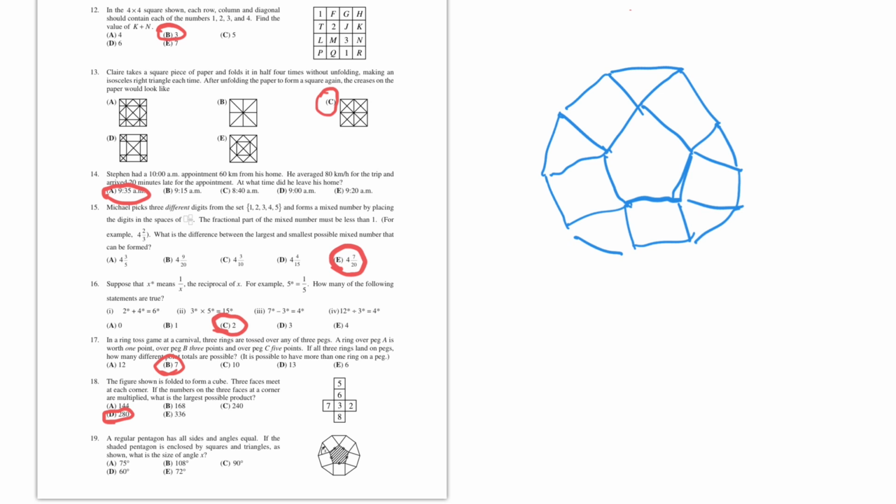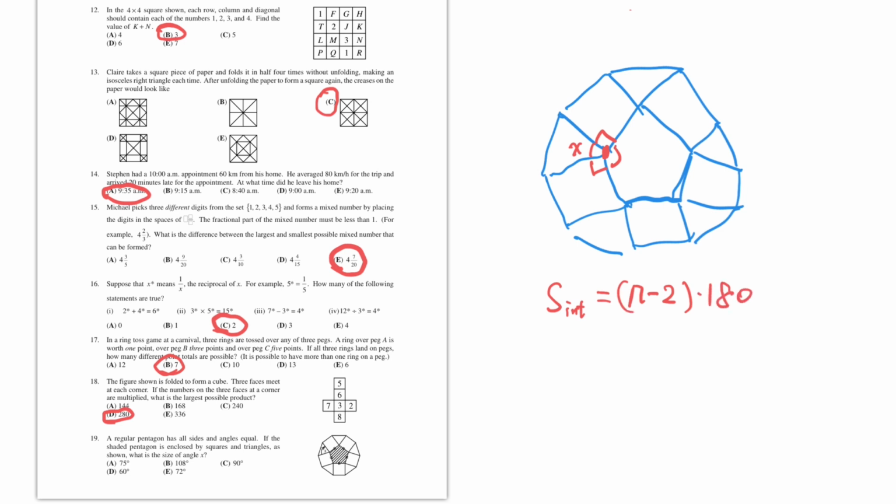Now, they ask what the x is here. Around this corner, that's the square. That's the right angle. What's the one angle of the pentagon? We know for all polygons, the sum of the interior angles equals n minus 2 times 180.